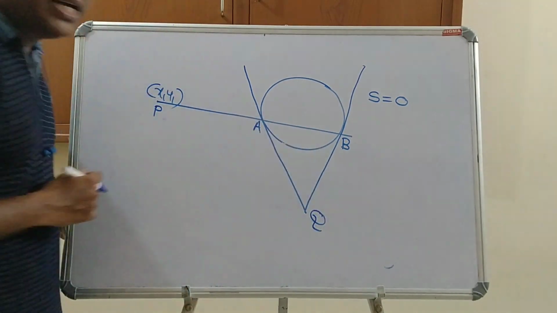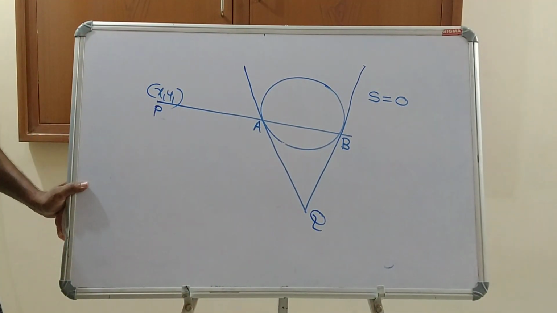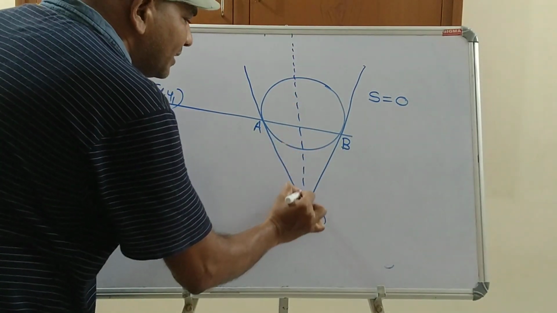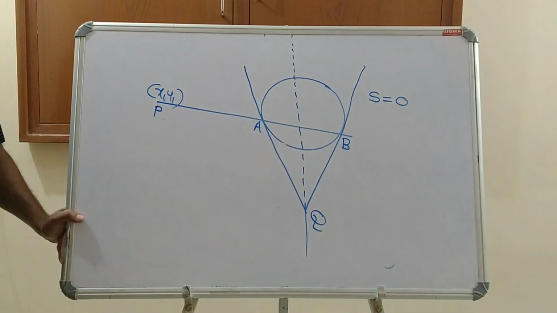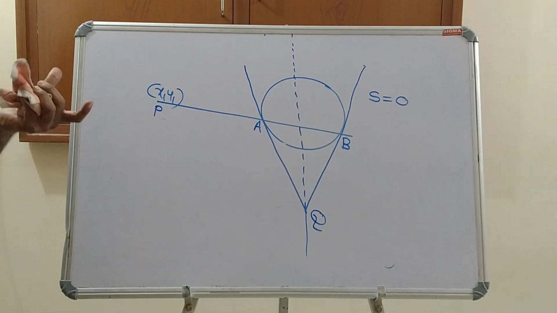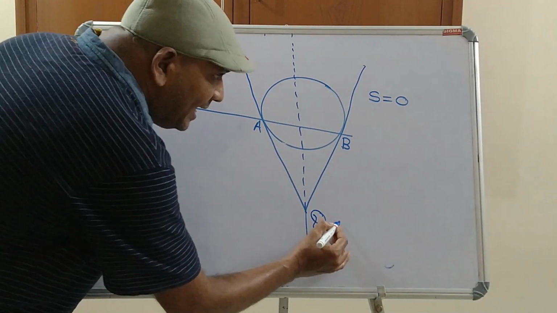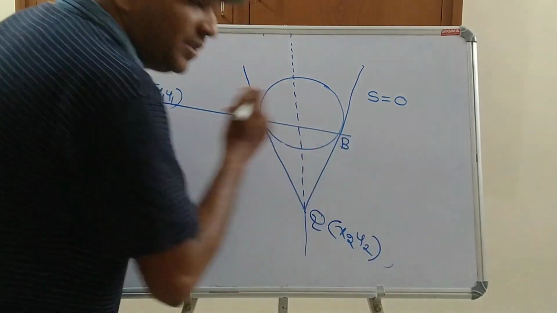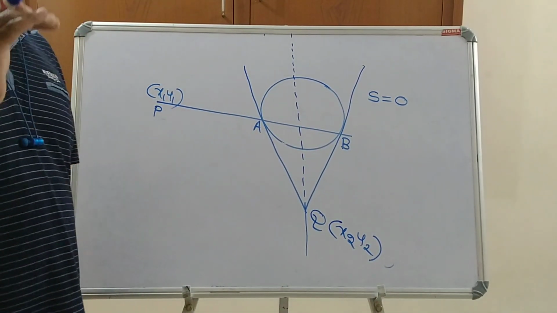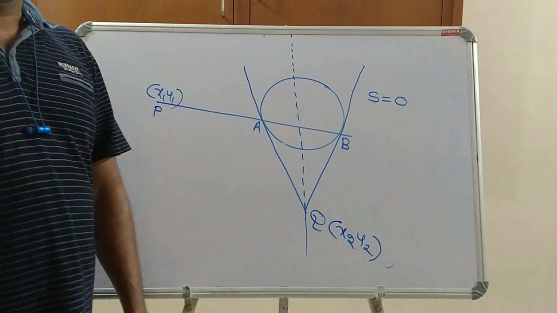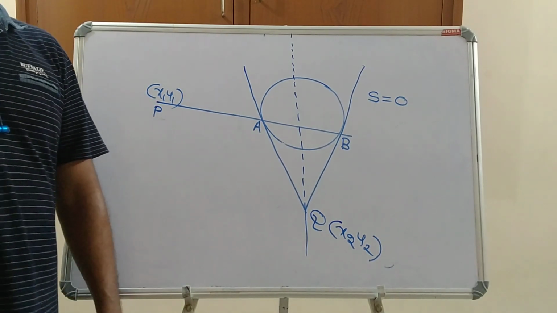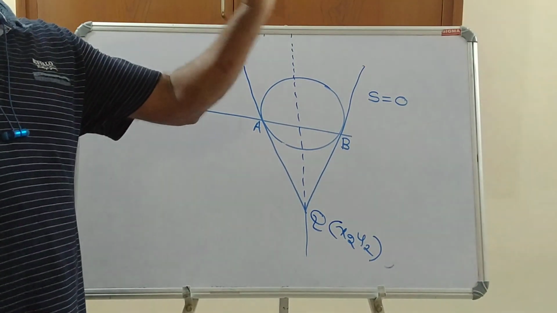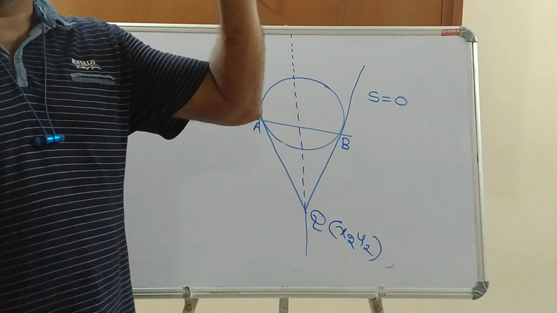Now, the locus of Q is the polar. Let us take Q equal to x2, y2. The locus of x2, y2 is nothing but the equation of the polar of x1, y1 with respect to the circle S equal to 0.